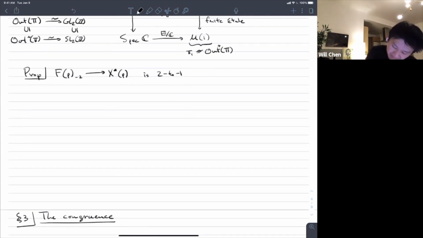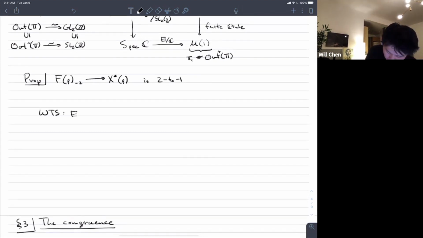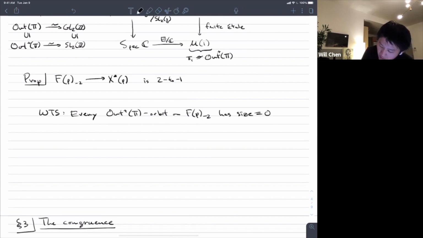And okay, so that means that essentially what we want to show now, right, is that every Out plus pi orbit on FP -2 has size congruent to 0 mod P, right?